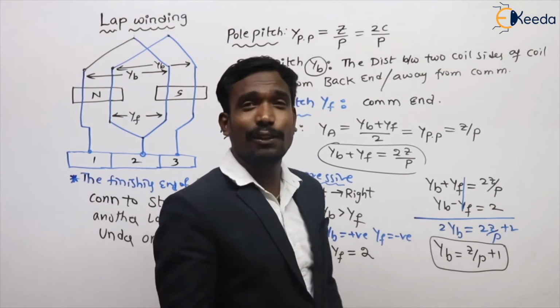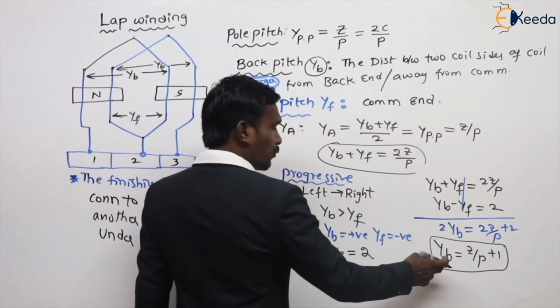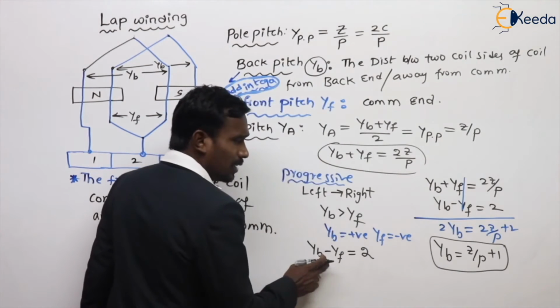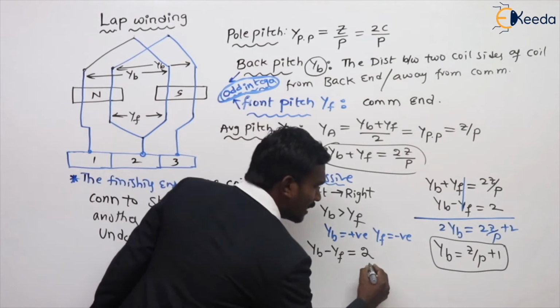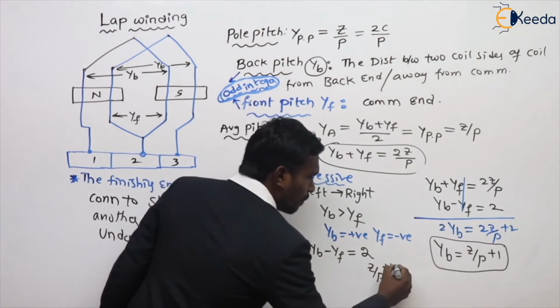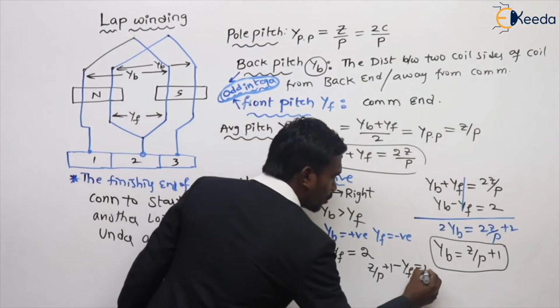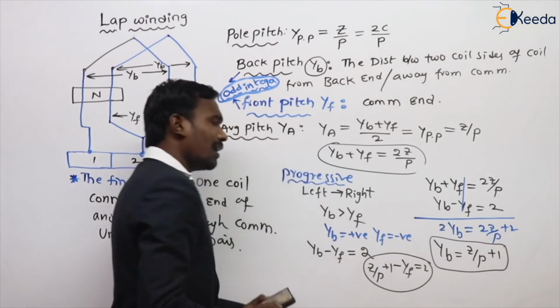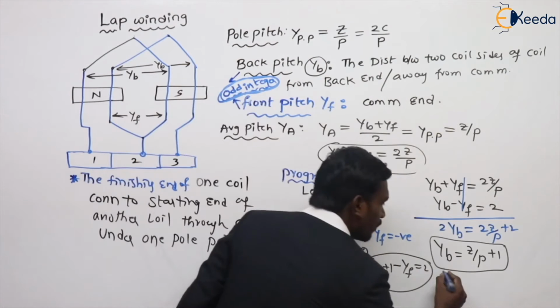But what is YF? So substitute this YB in this one. Z by P plus 1, YB minus YF is equal to 2. If you solve this, what is YF?